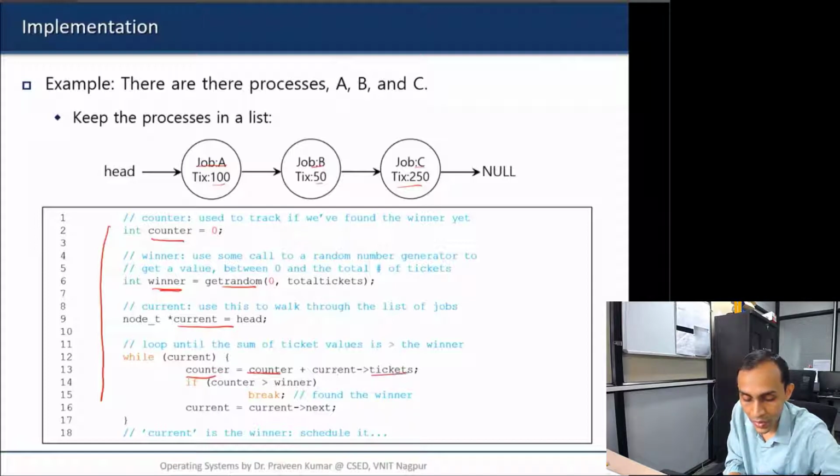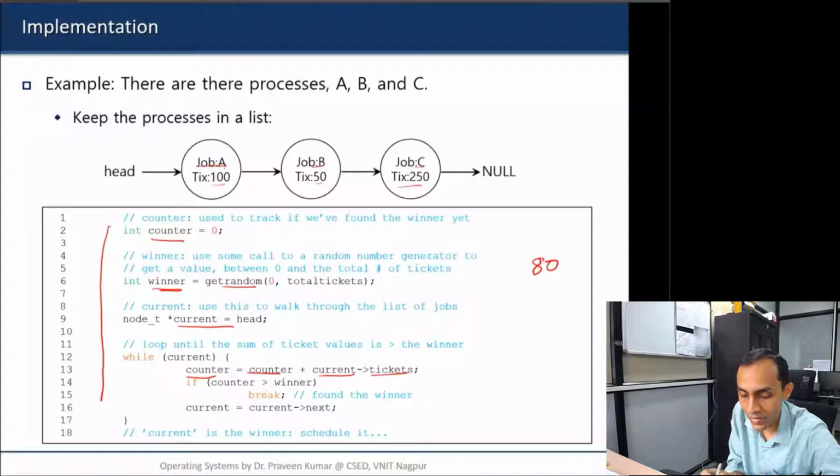First it will check A, so the counter will become 100. Let us say the winning ticket was 80. Since the counter value of 100 is now greater than the winner, you break from this loop, and wherever the current pointer is, that job you schedule. So A gets scheduled here.